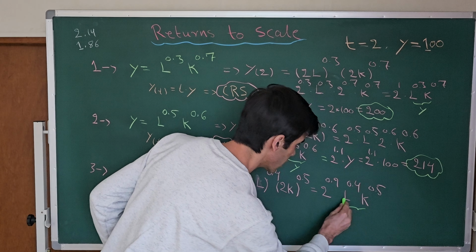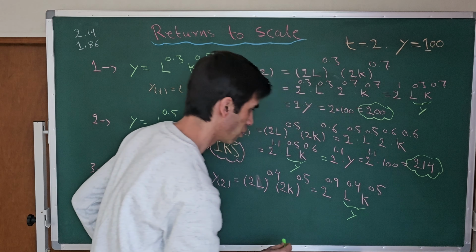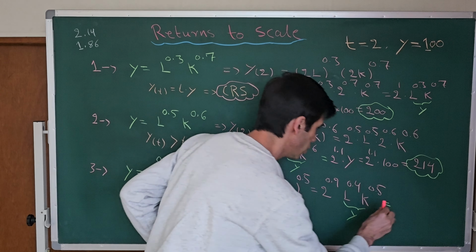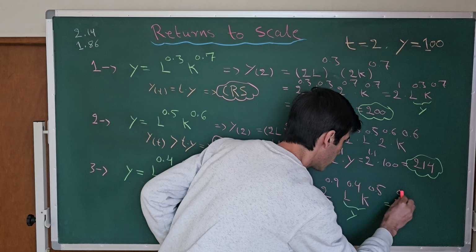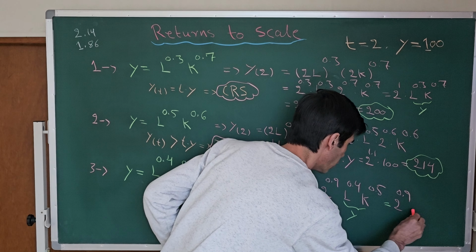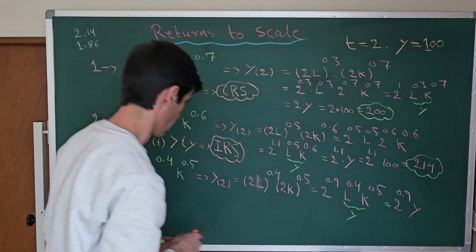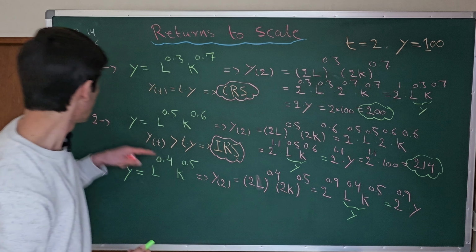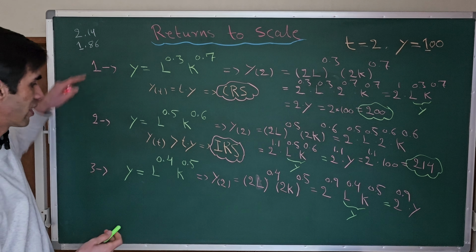So instead of this, we can just write Y. Then we can write down 2 to the power of 0.9 multiplied by Y. And 2 to the power of 0.9 is equal to 1.86.